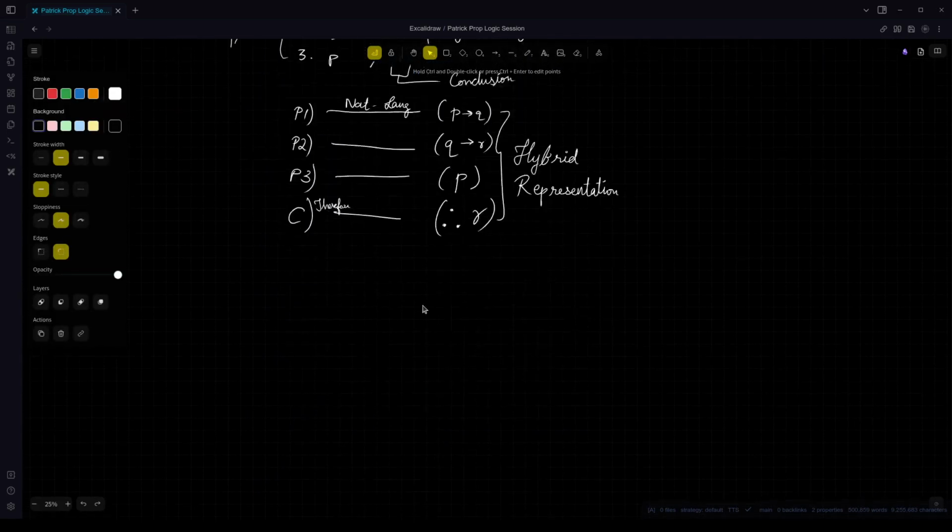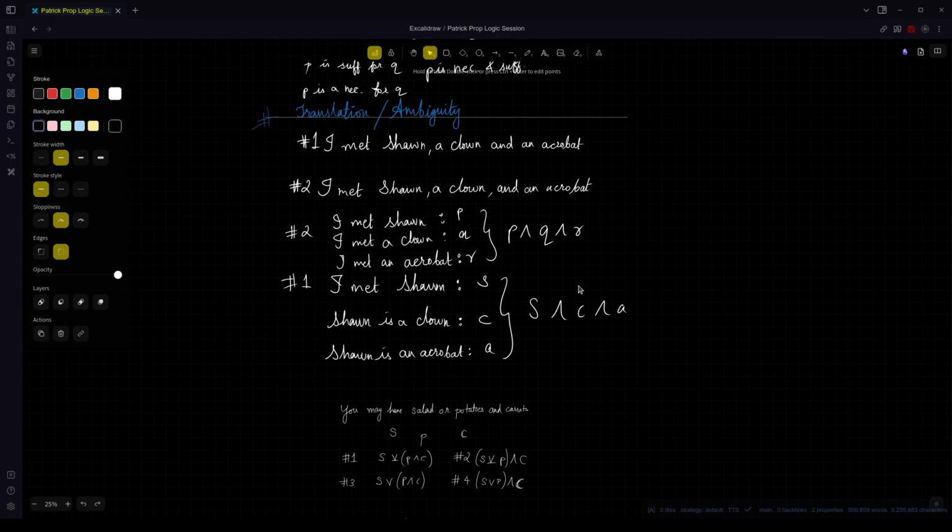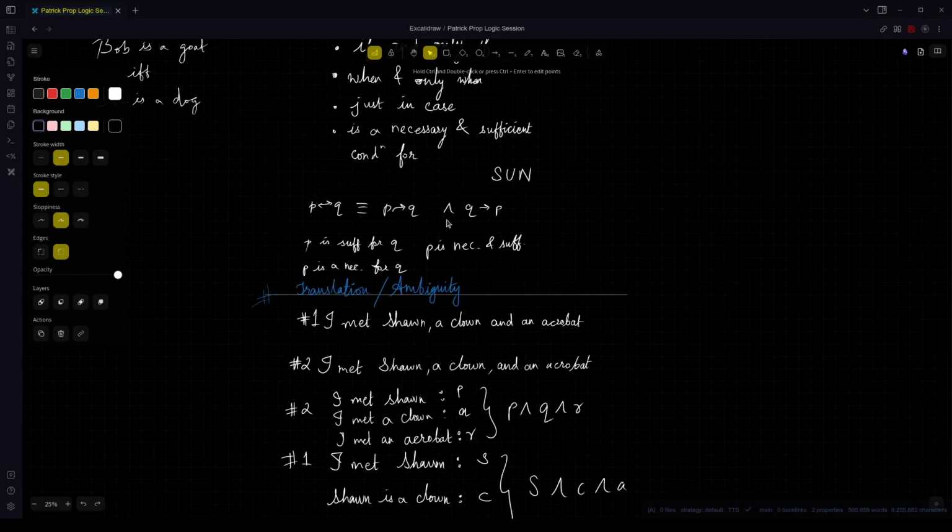Okay. So maybe just, what were the three horizontal bars there at the top? This just means equivalent, logically equivalent. So that they just have the same truth value.